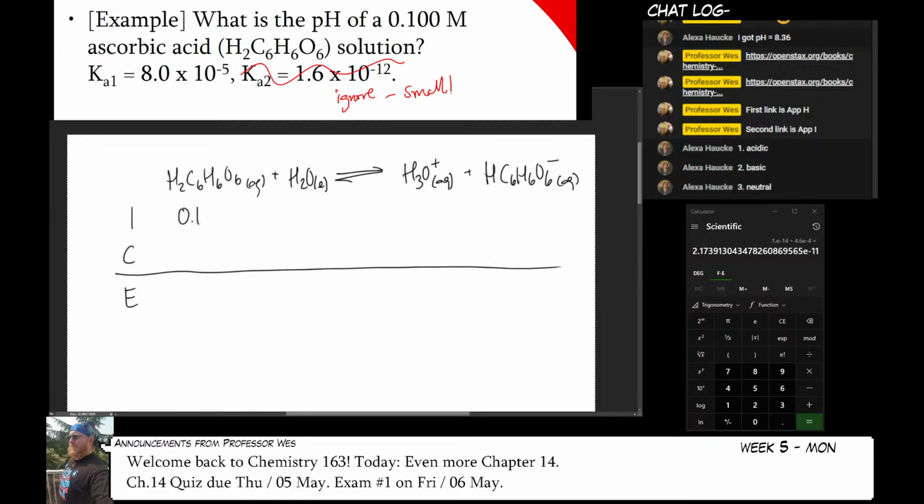All right, so I got 0.100 molar, water, nobody cares. And then zeros for the other two things initially. And then equilibrium happens. Also, I wrote the wrong symbol. Apologize for that.